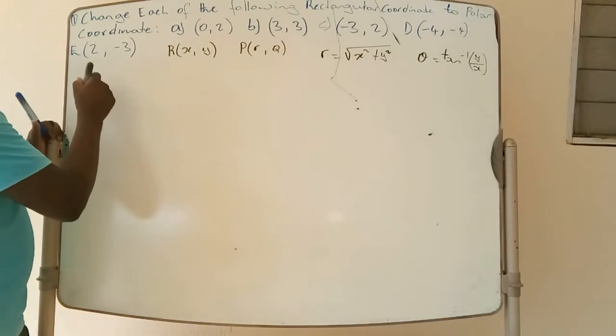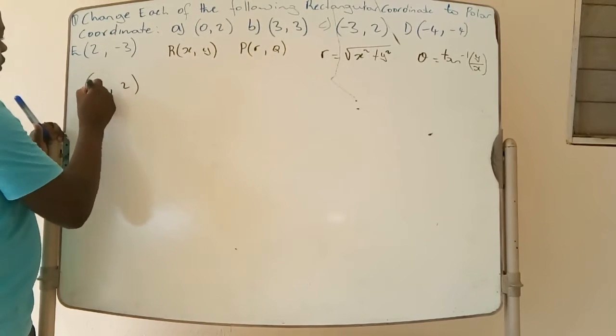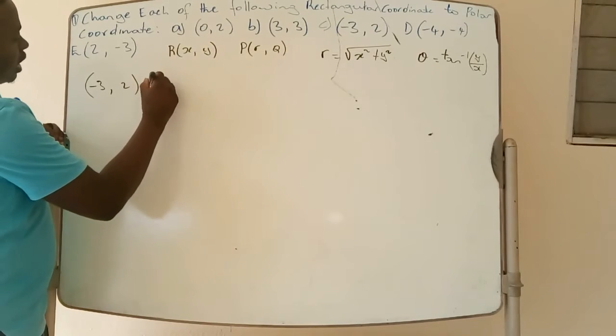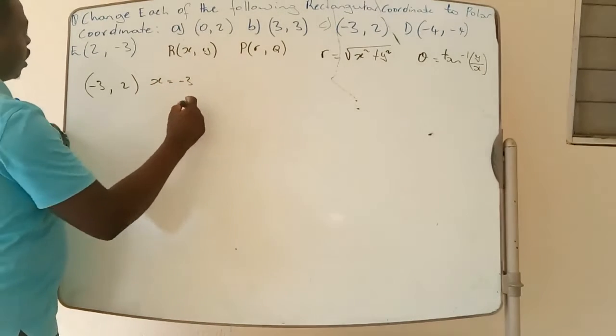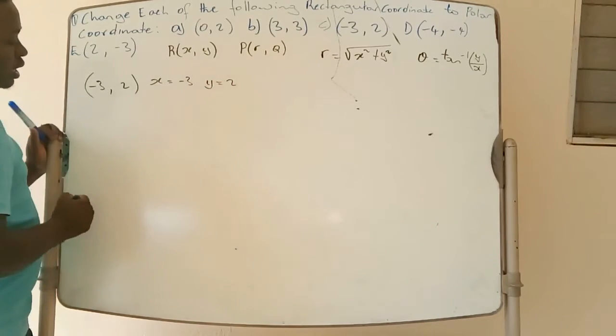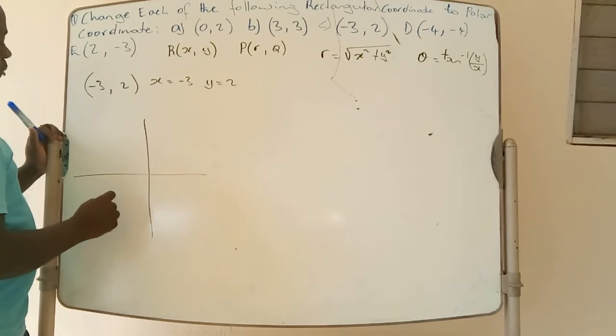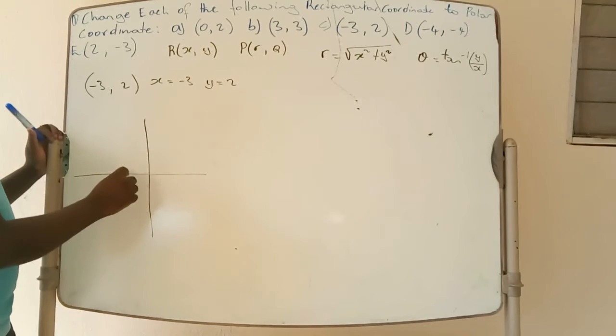So part C, we have minus 3, 2. So here, we know that x is equal to minus 3. When x is equal to minus 3, y is equal to 2. Again, going to graph it. Now, x is equal to minus 3, that's over here, right?